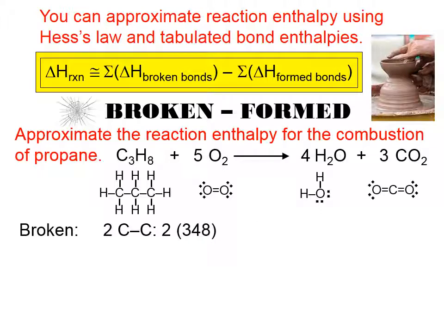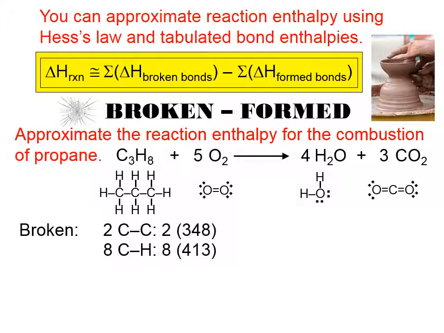So then what we need to do is find the bond enthalpies by looking them up. And we are going to break two carbon-carbon single bonds, and I'm going to use my laser pointer right there. There's a carbon-carbon single bond, and there's a carbon-carbon single bond. So we need to break two of those, and I've looked up the bond enthalpy, and it's 348 kilojoules per mole of carbon-carbon single bonds.